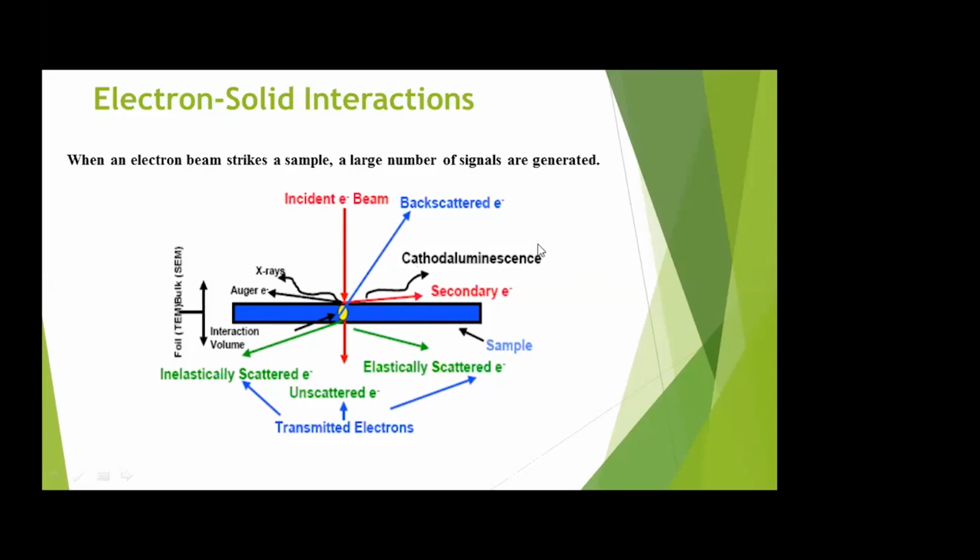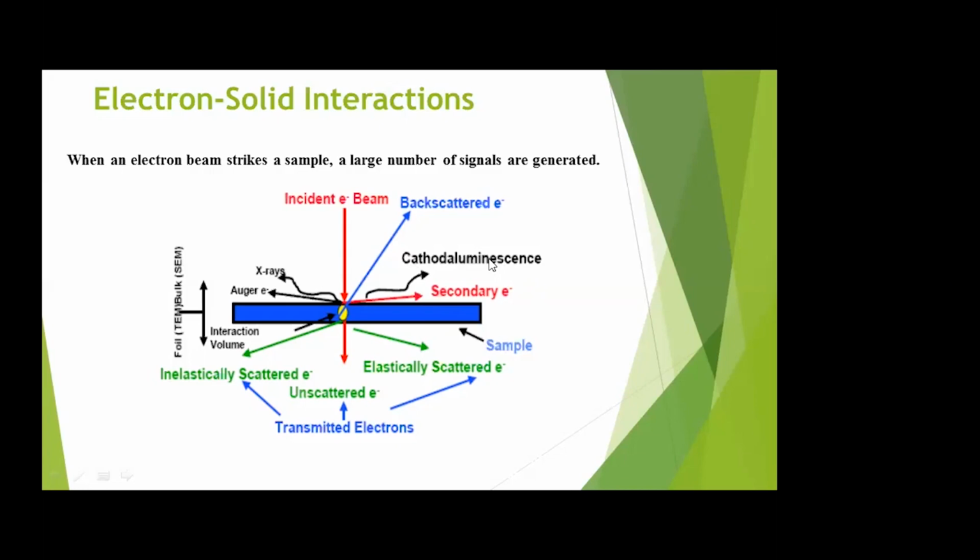We also have cathodoluminescence here. Cathodoluminescence is an optical and electromagnetic phenomenon. Here, electrons impacting on a luminescent material such as phosphor, for example, cause the emission of photons which may have wavelengths in the visible spectrum.